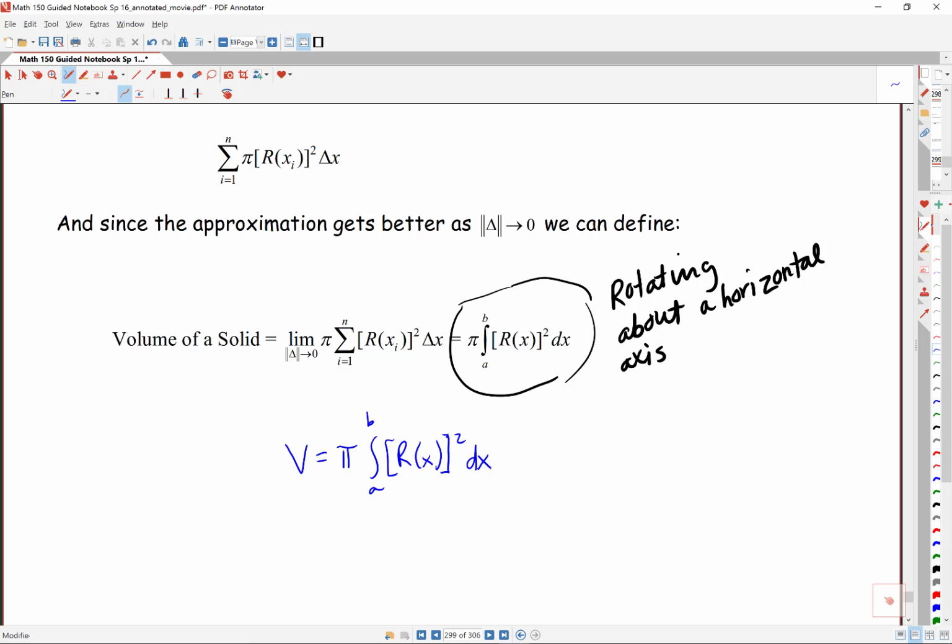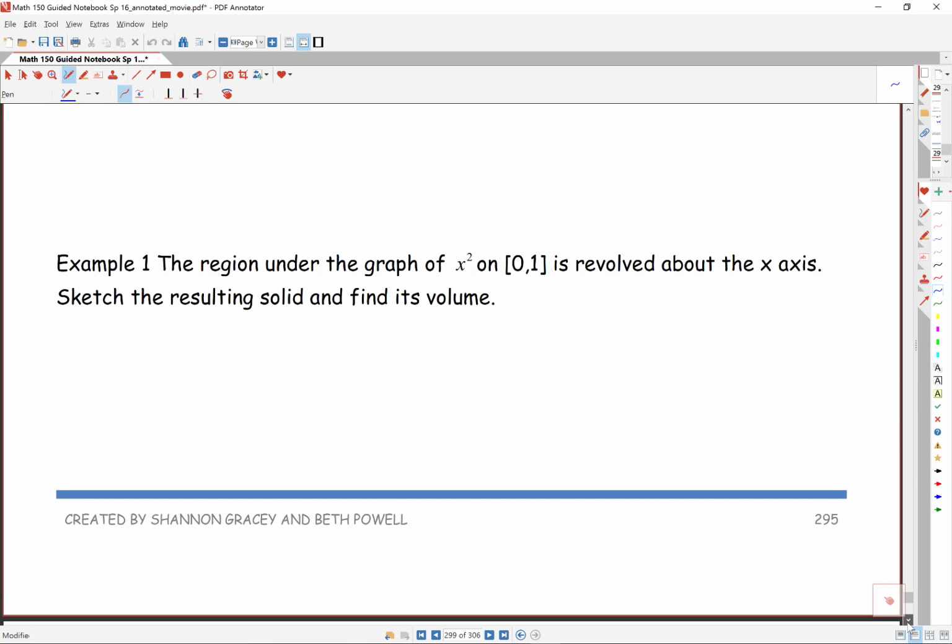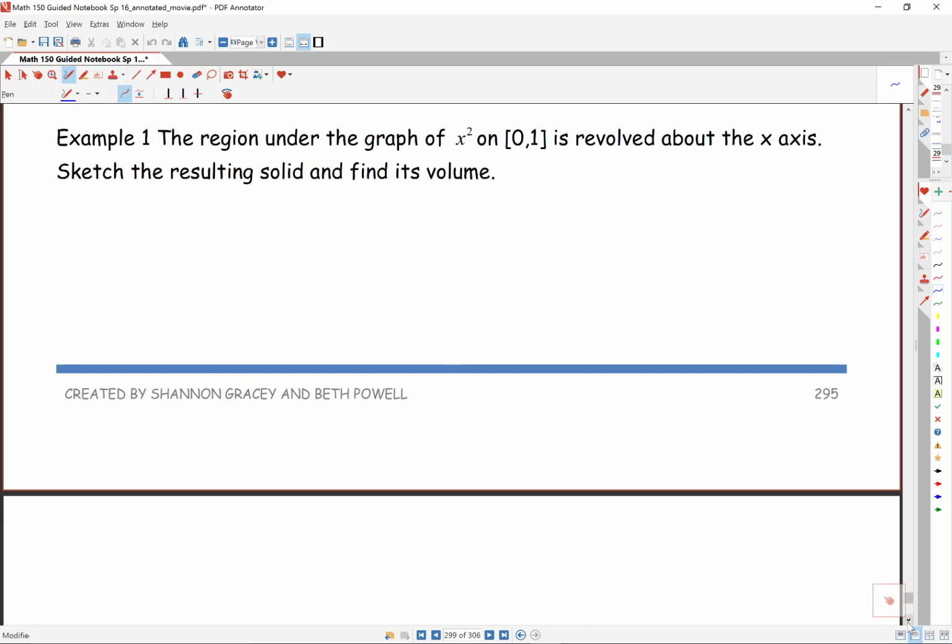And then let's take a look at an example. Okay, so for example 1, we've got our region enclosed by, below the graph of x squared on 0, 1, and it's revolved about the x-axis. And this one needs a few more bounds.